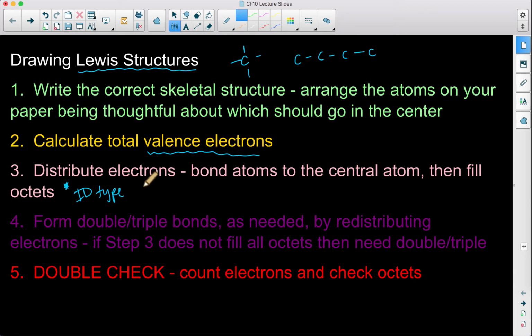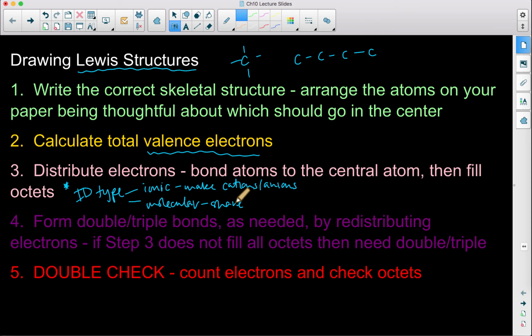Because if it's ionic, is there going to be a sharing of electrons? No. If it's ionic, then we're just going to make cations and anions. If it's molecular, then yes, we're going to share and form bonds. So it's important that we are attentive.